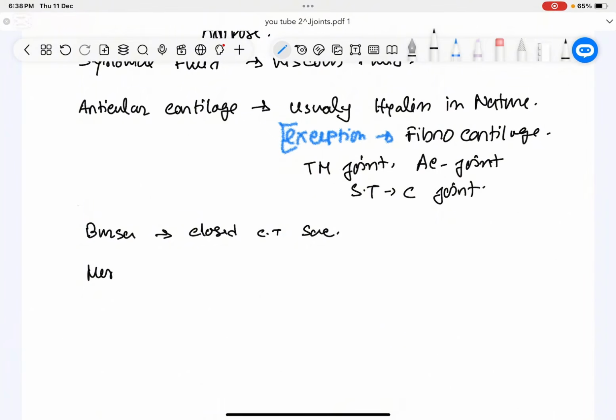Then we can also, as I said, get menisci. Menisci are made up of nothing but fibrocartilage, and usually when the menisci are present, they divide the joint into multiple compartments.